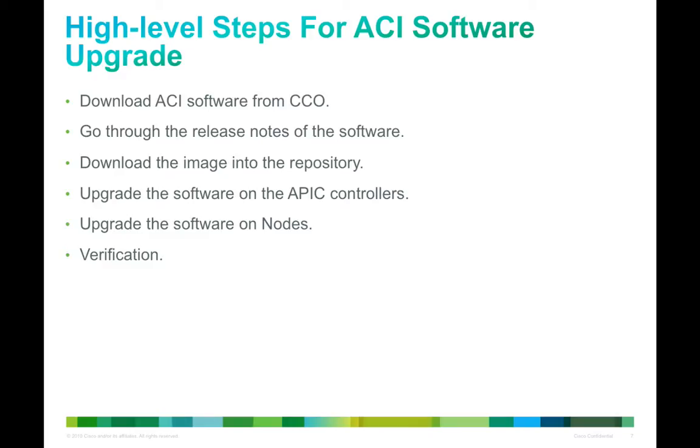Download the image into the firmware repository of the APIC. Upgrade the software on the APIC controllers first, followed by upgrading the software on each of the nodes, leaf and spine. Finally, verify your software upgrade process.